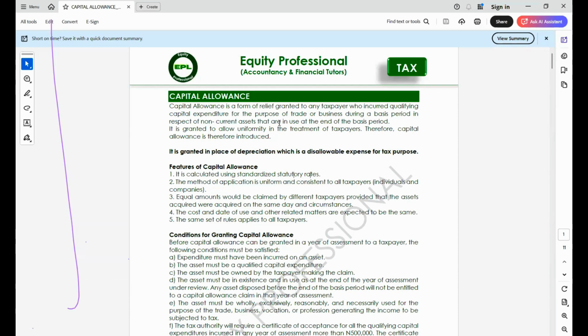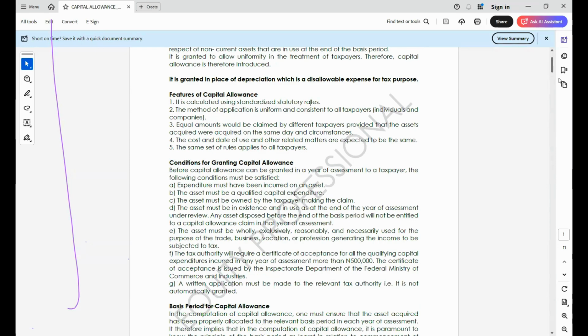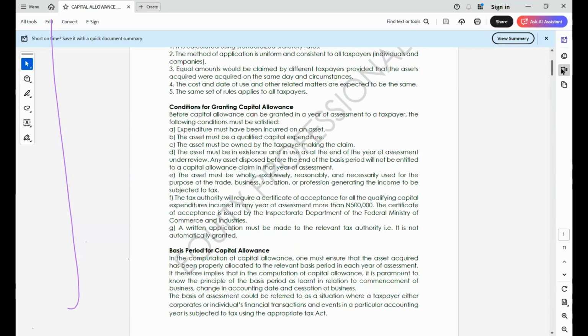The examiner can also ask you some of these conditions or features, which are going to attract certain marks. So we should also know some of these features and the conditions for granting capital allowance.